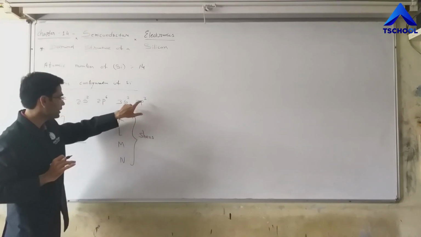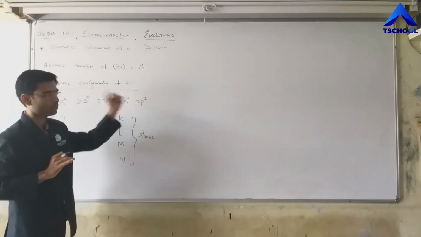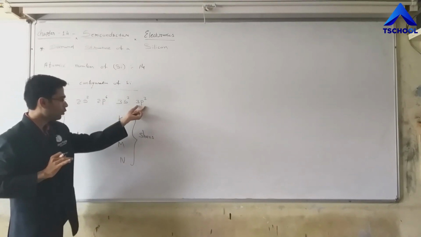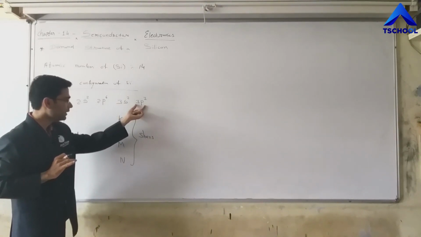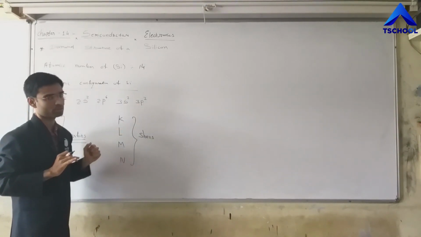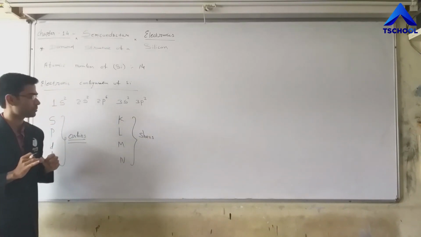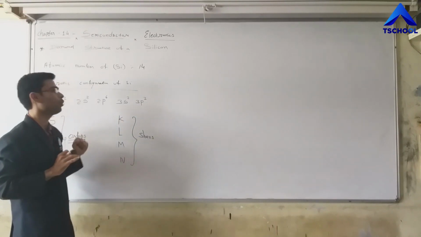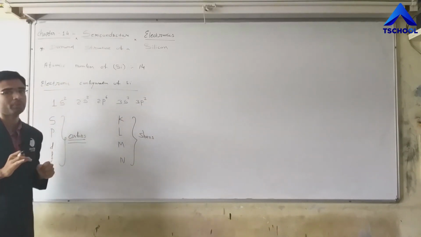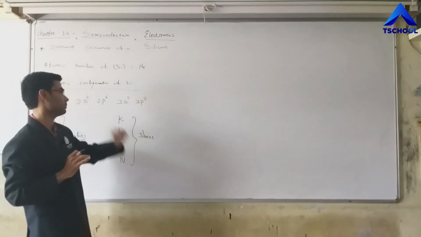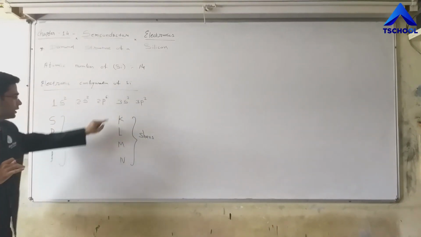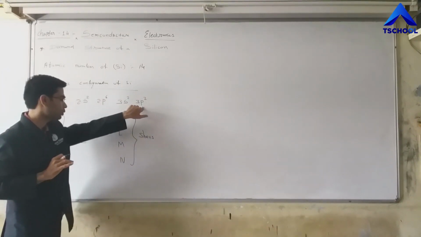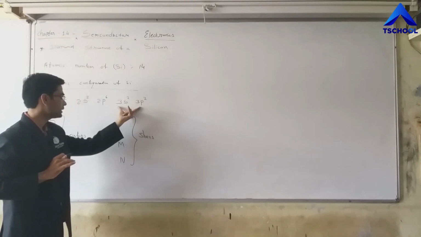In the p orbit the maximum is 6, but here there are only 2 electrons, which means the p orbit can attract another 4 electrons from neighboring atoms, and then it becomes stable.